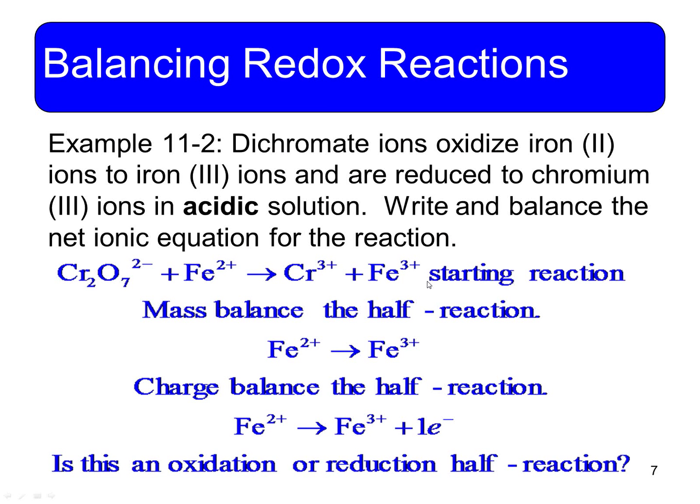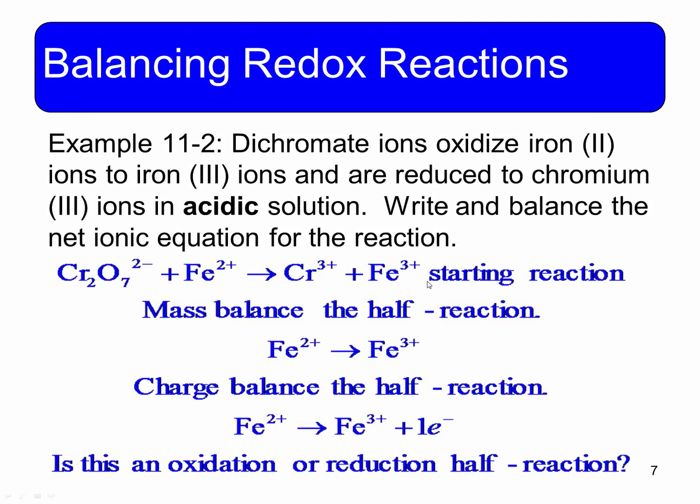We break it into our 2 half reactions. Here we're starting with iron 2 plus and iron 3 plus. They look almost identical, right? So that's one of our half reactions. If we mass balance, it's a 1-to-1. We don't have to do anything there. If we charge balance, we have a 3 plus charge and a 2 plus charge.